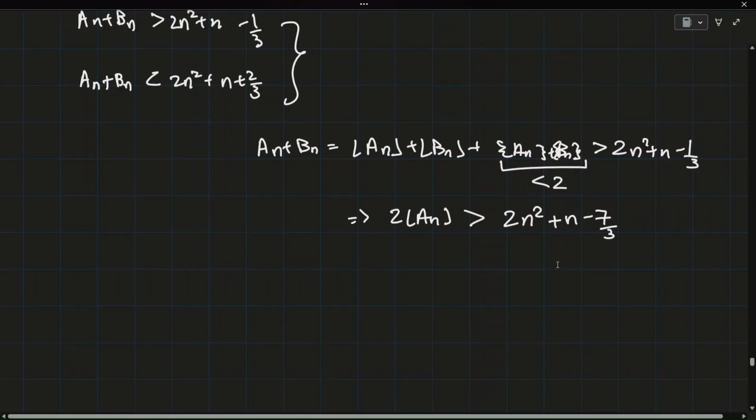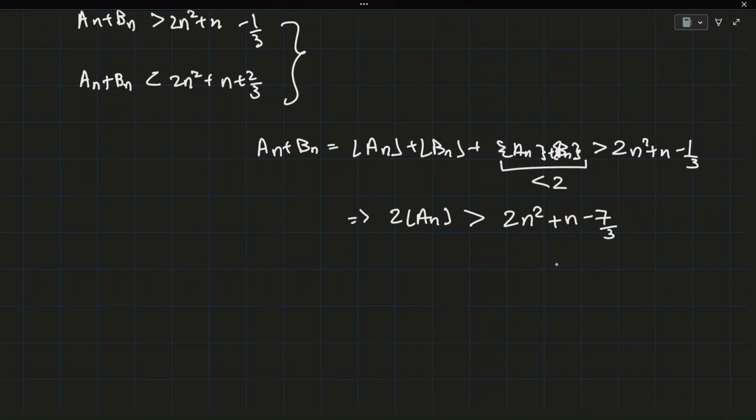Further, we can convert this 7 by 3 to 2 by putting a greater than or equal to sign and noting that the greatest integer is an integer. So this becomes 2n square plus n minus 2. So greatest integer an is greater than or equal to n square plus n by 2 minus 1.